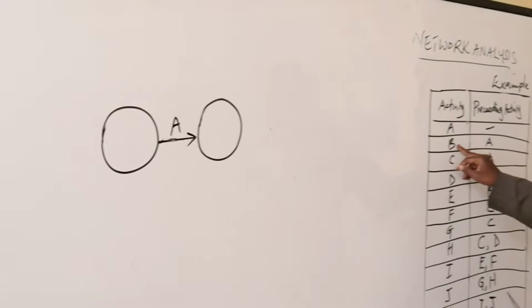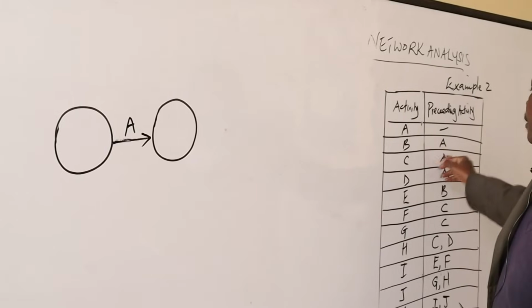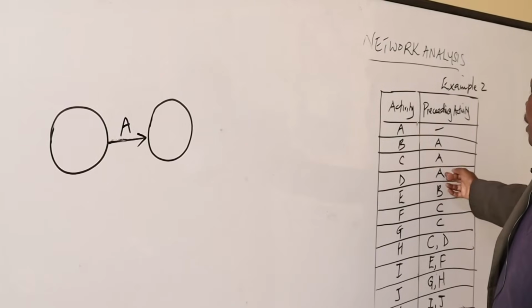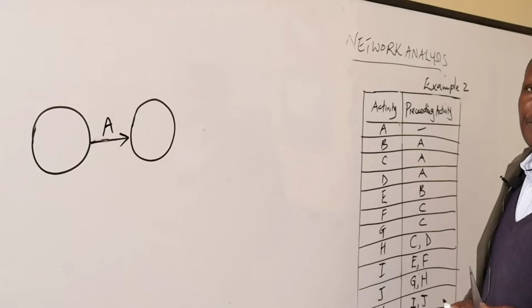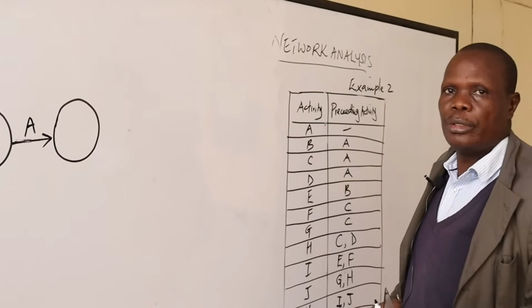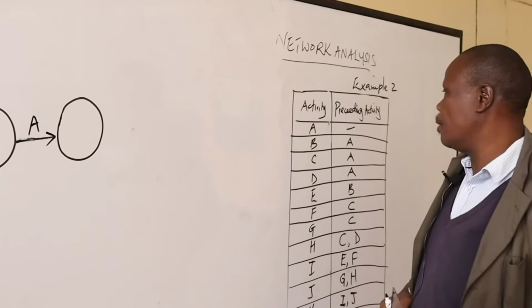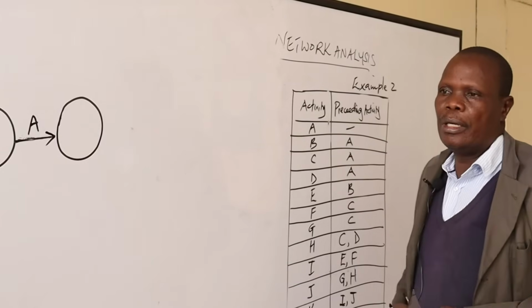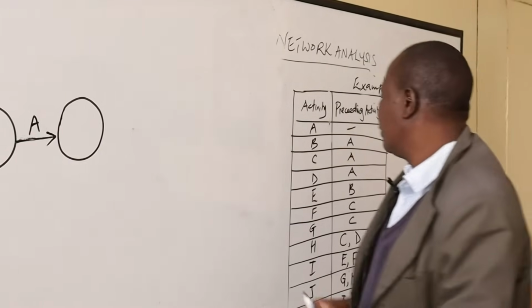A is giving rise to B, A is giving rise to C, and A is giving rise to D. There are 3 activities which occur immediately after the completion of A. So we want to present these in a network diagram.